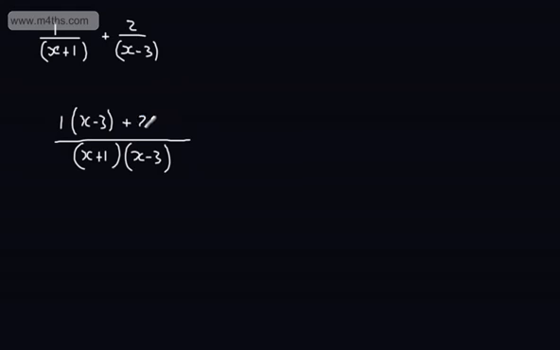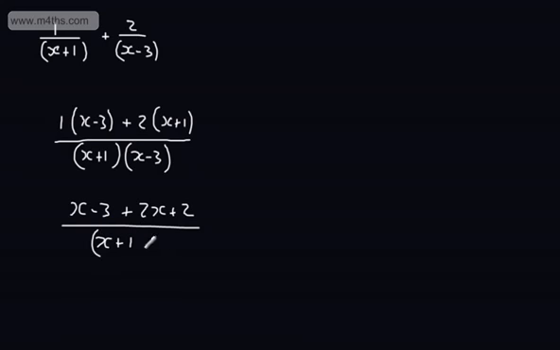So writing this now, we've got two lots of x plus 1. Now you might think, well, all I can do is cross multiply. In a later example, we'll see why that isn't the case when we're looking at the lowest common multiple. So let's write out the numerator. We've got x minus 3 plus, expanding the brackets, 2x plus 2, over these two linear factors, which we wouldn't expand.